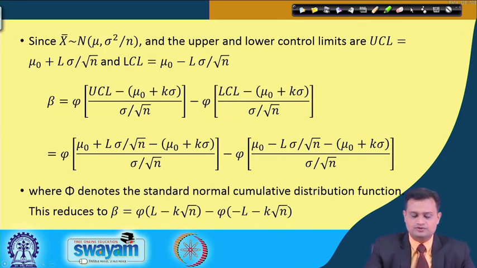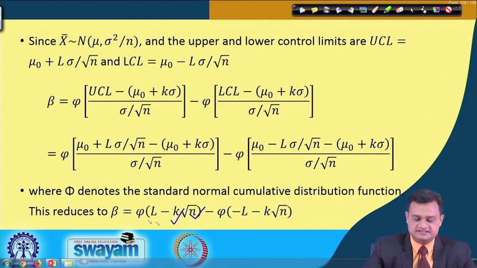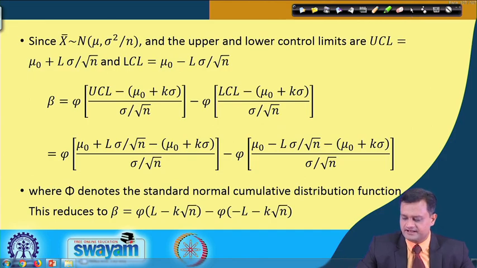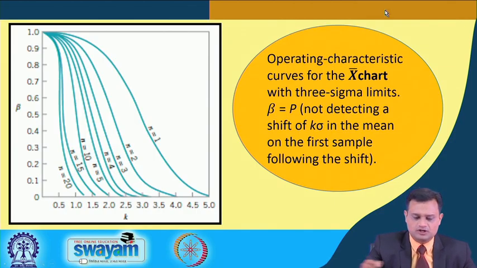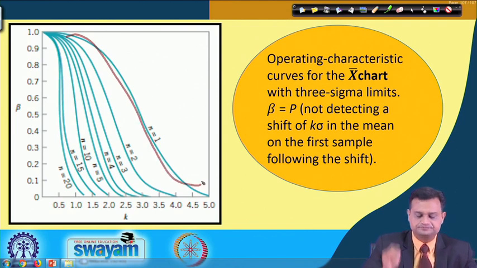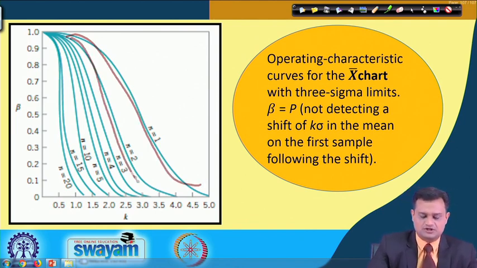I can just show you, it needs the n, it needs the K, it needs the L. So you have these values, and for different values you can plot a particular OC curve. Now each OC curve is for particular sample size.